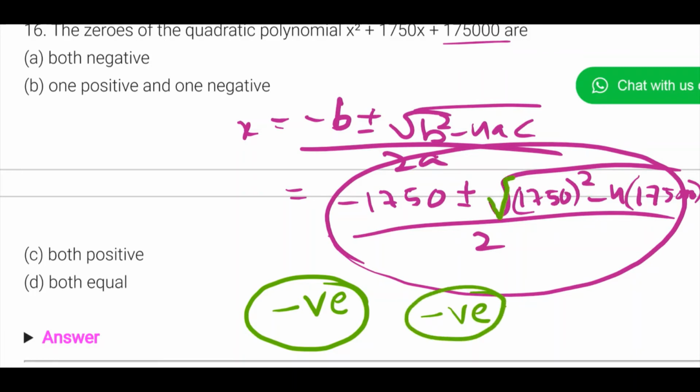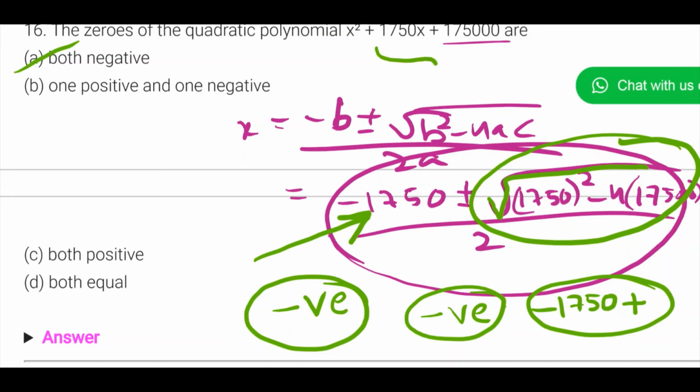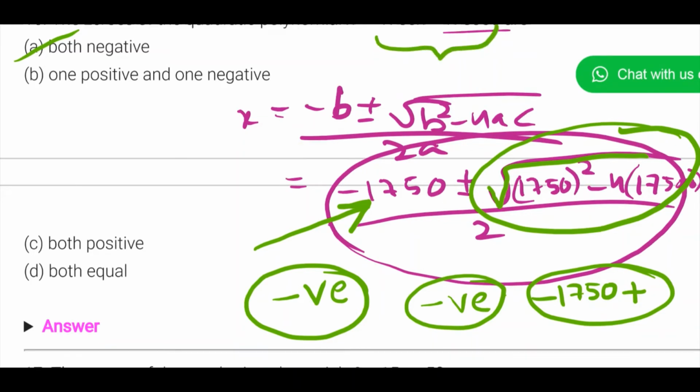Since we are taking the square root of this value, it will be somehow less than the number 1750. So minus 1750 plus something less than 1750 will give a negative number. So both the roots are negative. In the exam you won't get such large values, but you'll get values like the previous problems.